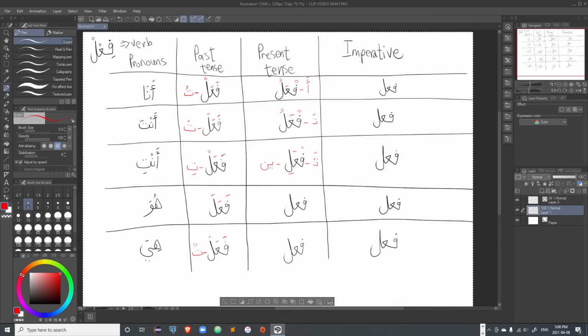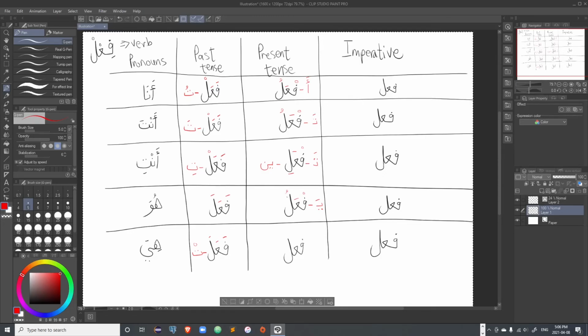So you will add a ta and you will add a ya noon at the end. هو, simple prefix ya. يفعل or يفعلُ. You can add the dhamma.